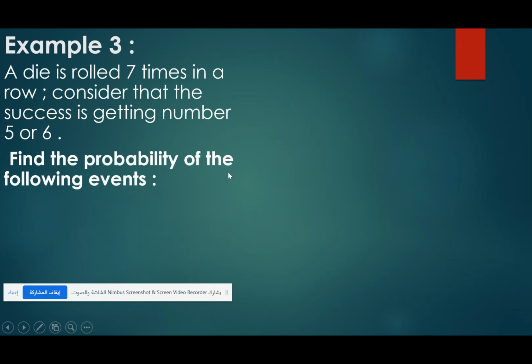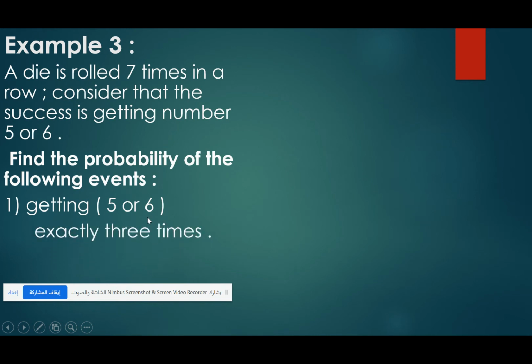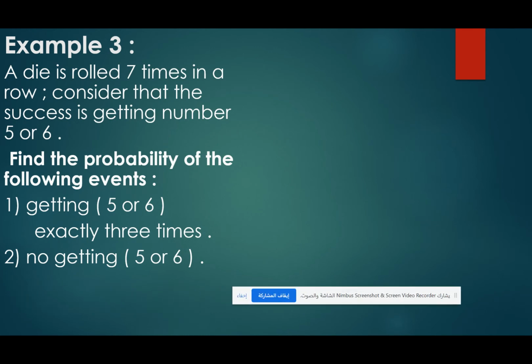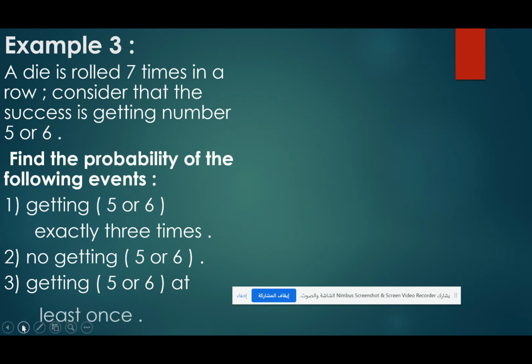Now we need to find the probability of the following events. In number 1, getting this 5 or 6 exactly 3 times. In number 2, getting 4, 5, or 6. And in number 3, getting 5 or 6 at least once. Come on, let us see how to find n, p, q first.